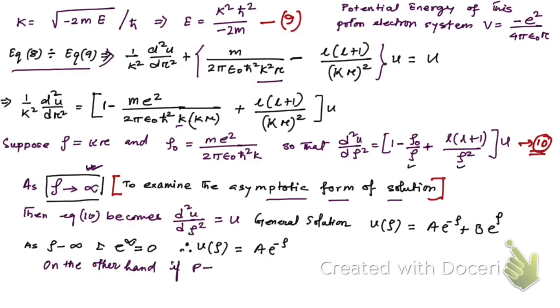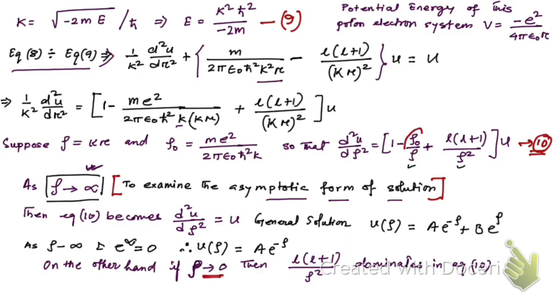On the other hand, if rho tends to 0, so here I supposed to write rho tends to 0. In that case, this term becomes dominant here in this equation number 10. See, here when this rho tends to 0, right?